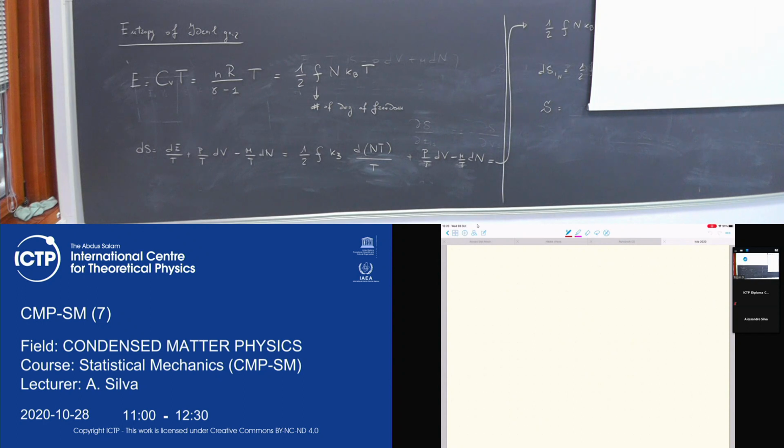Particularly non-ideal gases like the ones described by the van der Waals equation of state. This way you don't have the impression that all statistical mechanics and thermodynamics is about ideal gases. There are also non-ideal systems. Actually, most systems are practically non-ideal. Now, non-ideal gas. We will start now and finish next time.